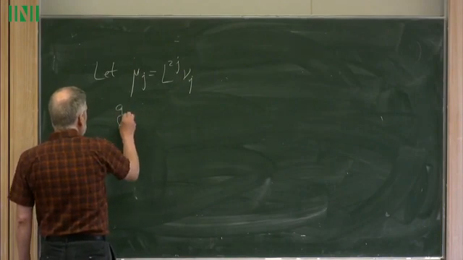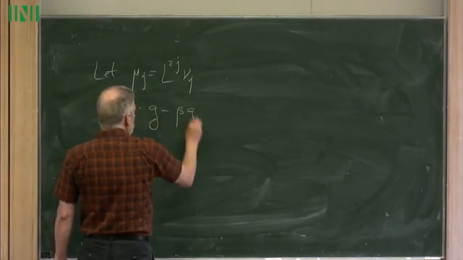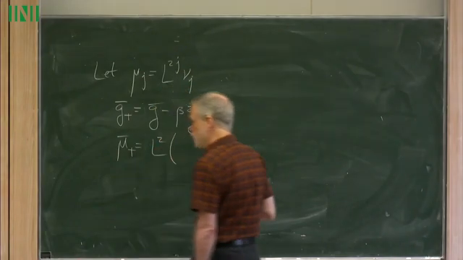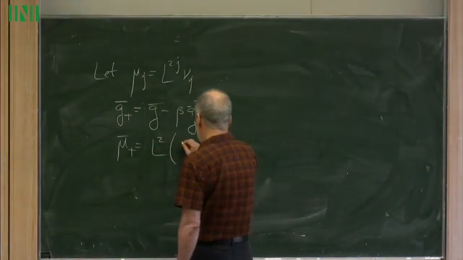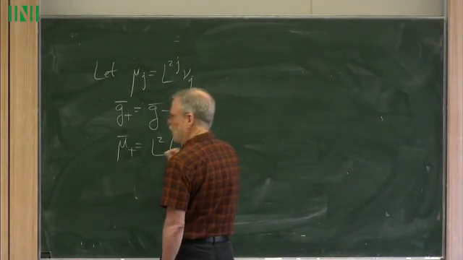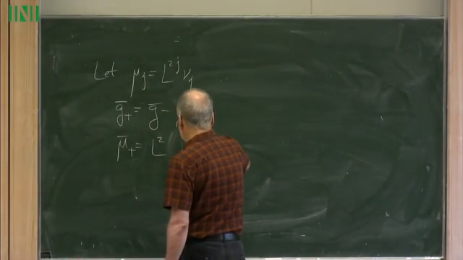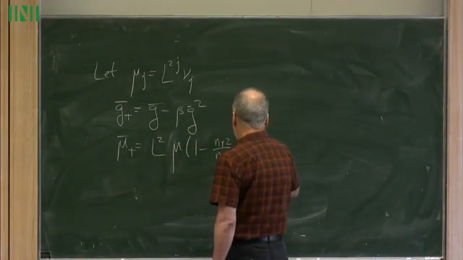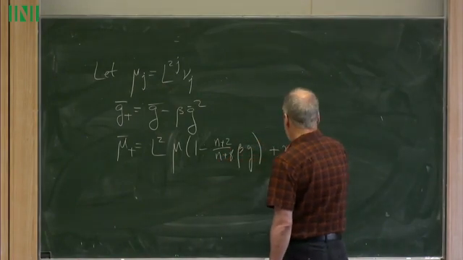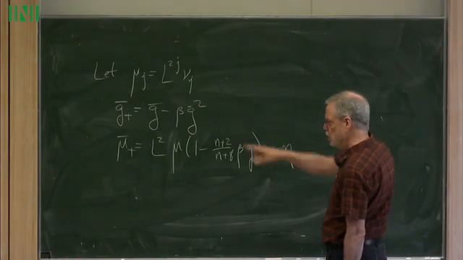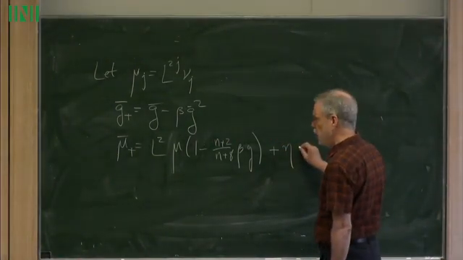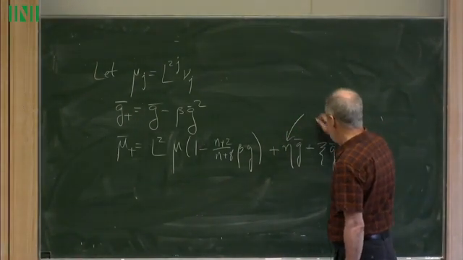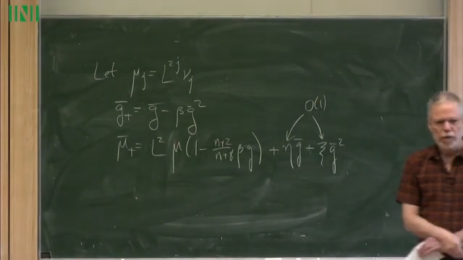So then we get the equations, same one for g, and for mu, this is the L squared that Alessandro was asking about at the end of the last lecture: 1 minus 1 over L squared times mu, 1 minus (n plus 2) over (n plus 8) beta g bar, plus eta prime, which has been multiplied by L to the 2j, times g bar, minus 6c times g bar squared. So these two terms now are order 1.